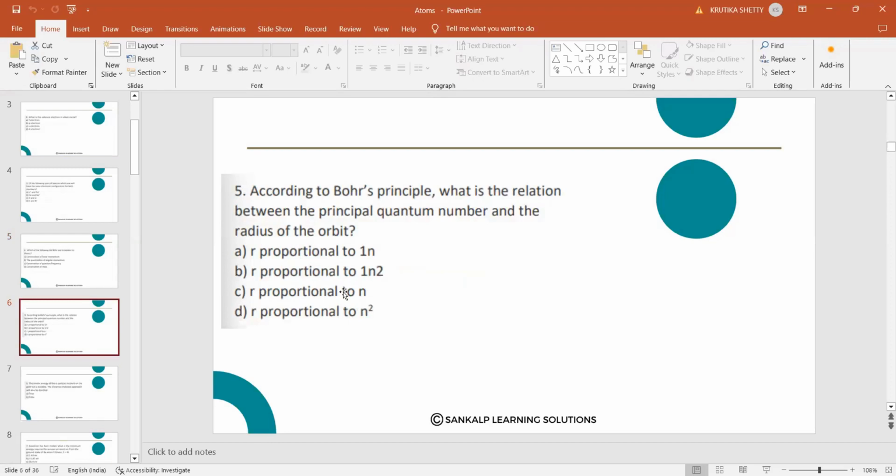Then the next question. According to Bohr's principle, what is the relation between principal quantum number and the radius of the orbit? Here options: R is proportional to 1/n, R is proportional to 1/n square, R is proportional to n, and option D, R is proportional to n square.